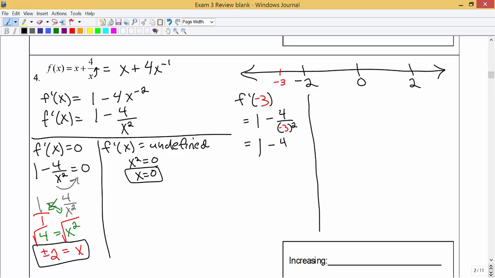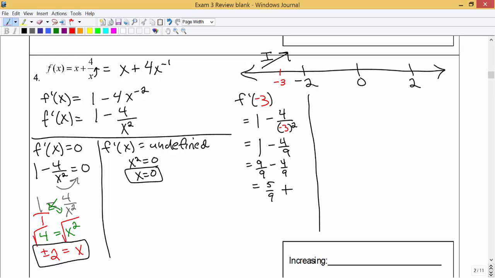Get 1 minus 4 ninths, and that would be 9 divided by 9 minus 4 ninths, which gives us 5 ninths. So this comes back positive, which tells us that the graph is increasing from left to right as we approach negative 2.